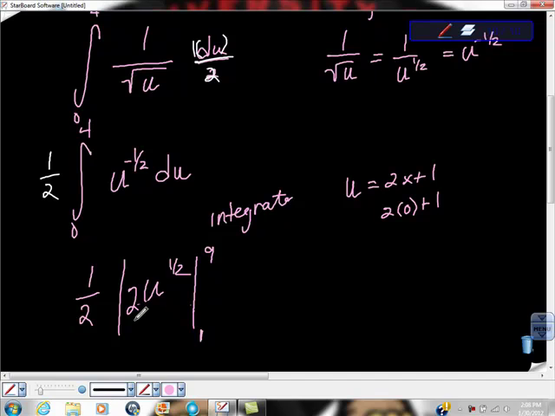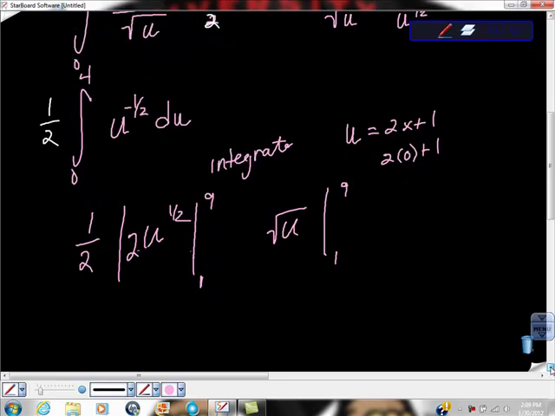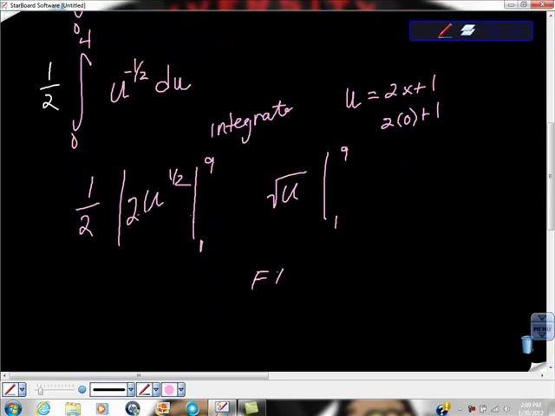All right, see if you can see this for just a second. 1/2 times 2 is just 1. So we have square root of u, right? U to the 1/2, square root of u, as evaluated from 1 to 9. And then we're going to use this thing called the fundamental theorem of calculus, which just said that we don't have to do all this adding up of this area.